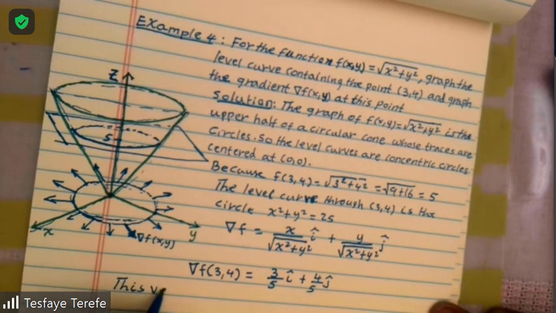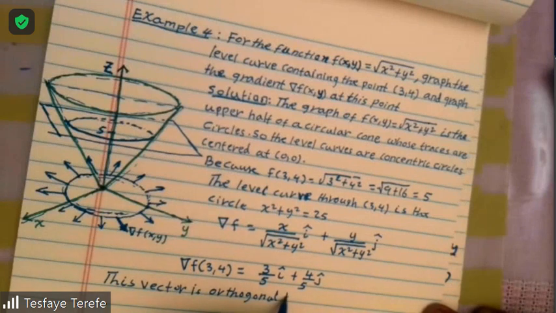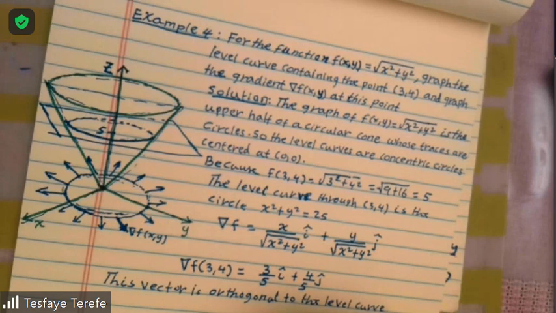This vector is orthogonal to the level curve x squared plus y squared equal to 25.